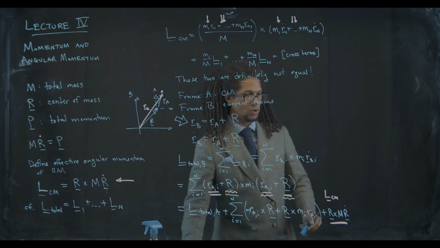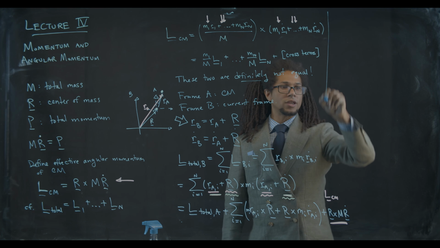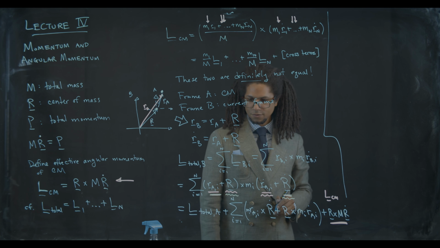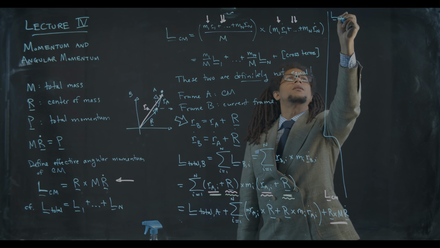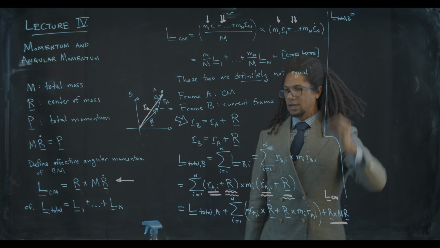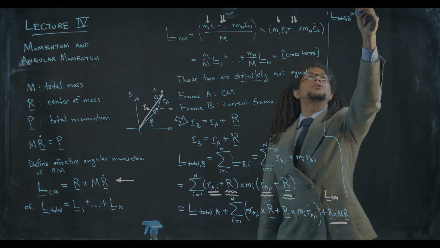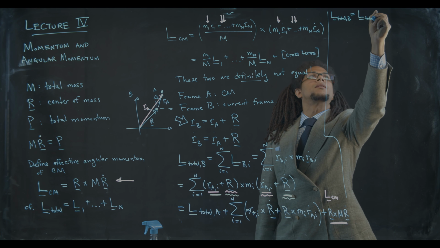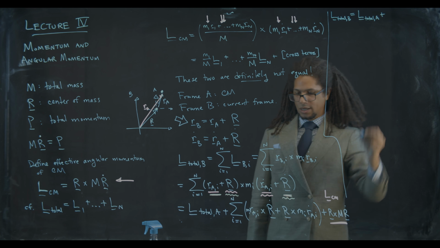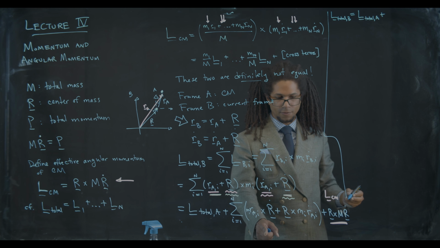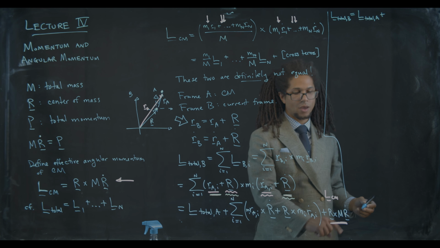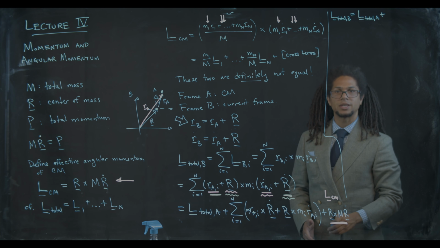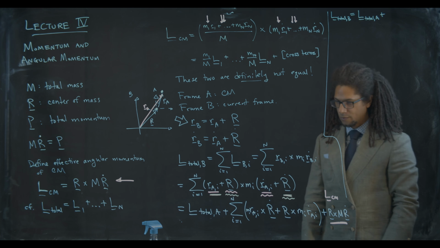Let's come up to the top of the board and keep working this out. Okay, so we have L total B is equal to L total A plus these two terms plus this last term. But let's think about these two terms here for a second.